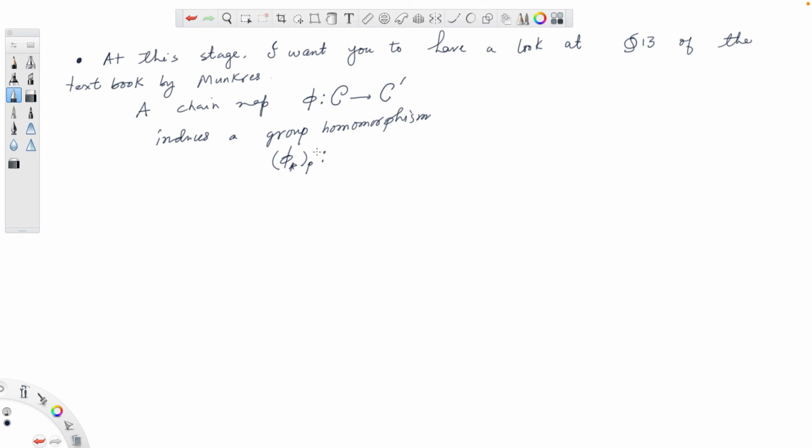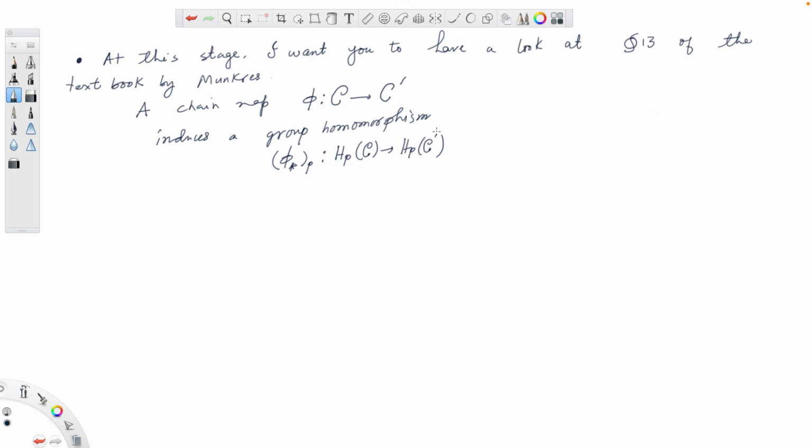So we proved the commutativity of the diagram which connects two long exact homology sequences corresponding to two simplicial complexes K and L. We proved it by using this fact: whenever I have a chain map phi between two chain complexes C and C prime, this chain map induces a group homomorphism from HP of C to HP of C prime at the level of homology.